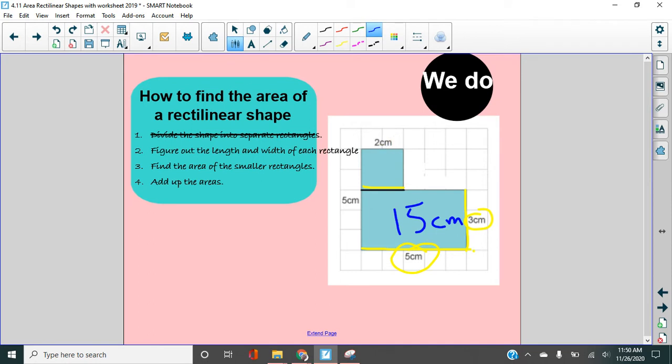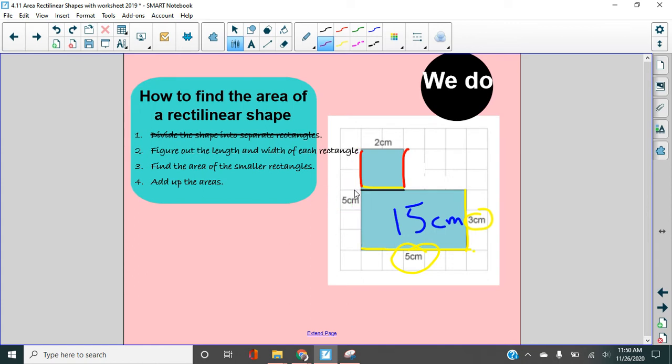So 2 centimeters times this. But I don't know how long that is. I could look over here times this. But I don't know how long that is either. I know this 5 is all the way from here to here. So I have to think about how I could figure that out.